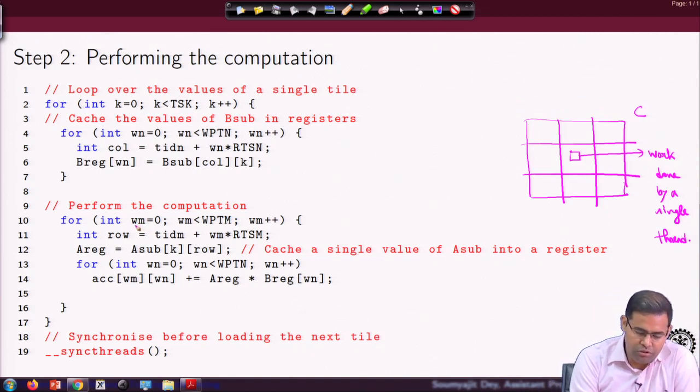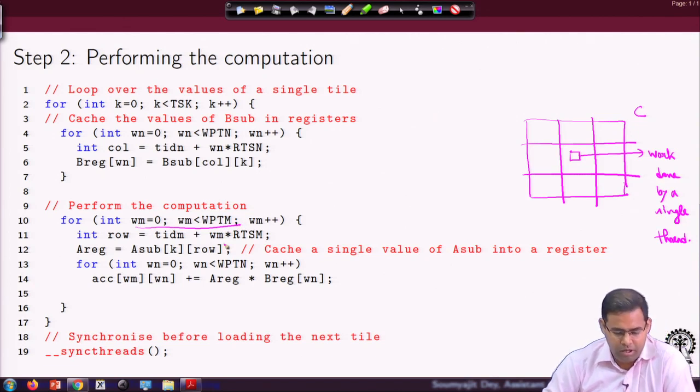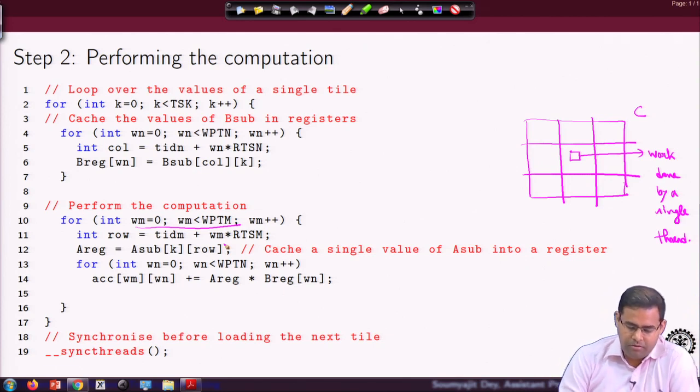So, this loop is iterating over the number of computations to be done, the work per thread in M, and then in one direction, of course.